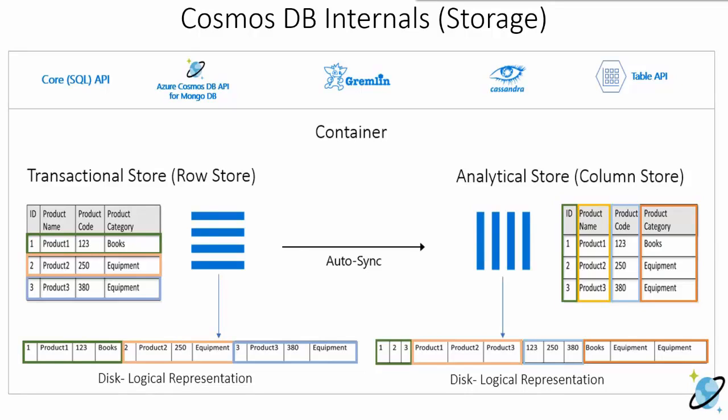The next option we have, which is optional, and you can enable it if you like, is the analytical storage. In this case, Cosmos DB is going to move your data from the row store to the column store, which is the analytical storage, automatically.